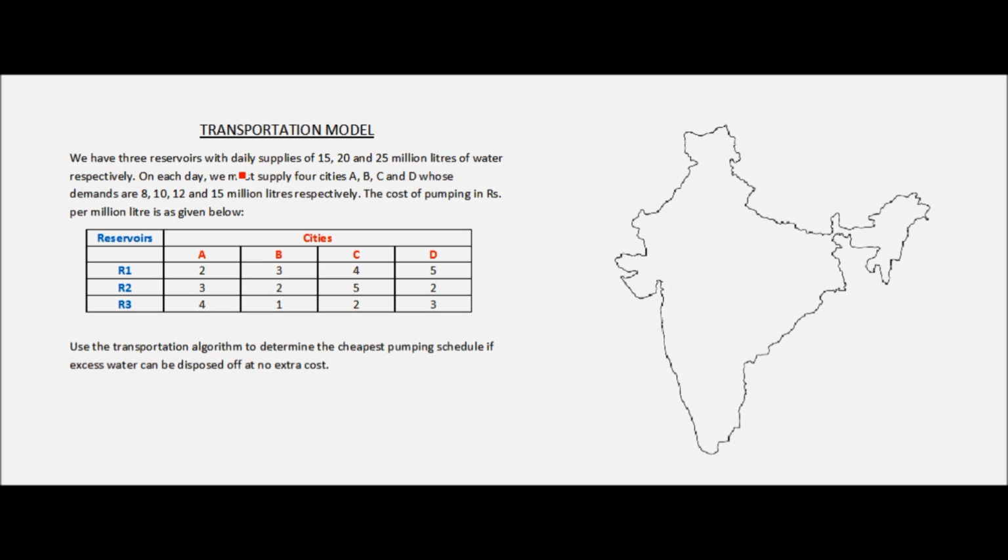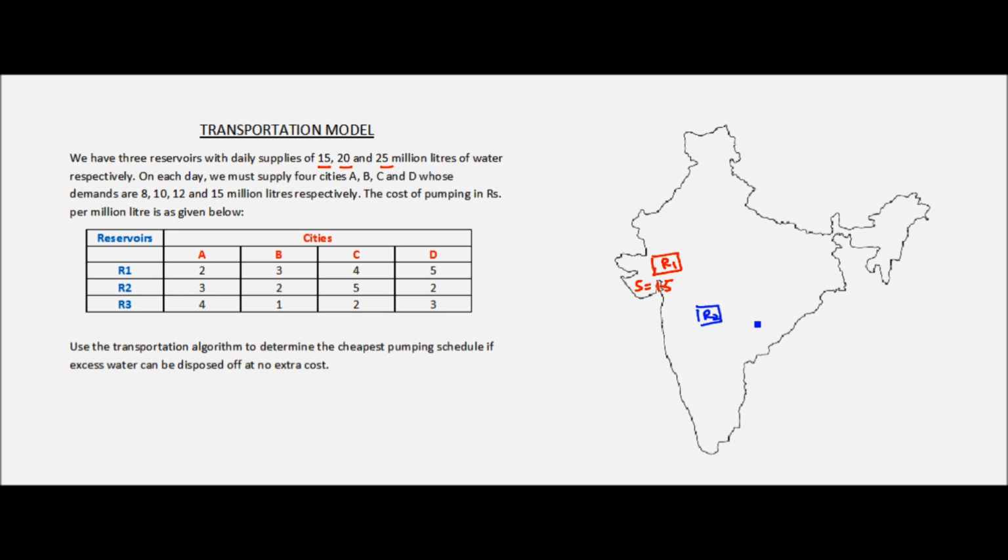So we have been given that there are three reservoirs with a supply capacity of 15, 20, and 25 million liters of water. So let's say the first reservoir R1 is located here. So this is R1, and R1 has a supply capacity of 15 million liters of water per day. So we'll express all the numbers in million liters. So here the supply capacity is 15. Now let's say the second reservoir is here.